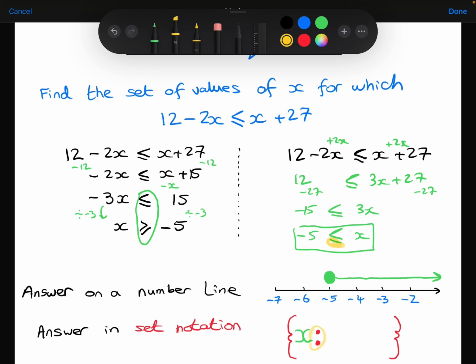These dots mean such that. So over here, we're then going to have the condition that x needs to obey, which in this case is that x has to be greater than or equal to minus 5. So we are saying that we've got the set of values of x such that x is greater than or equal to minus 5.